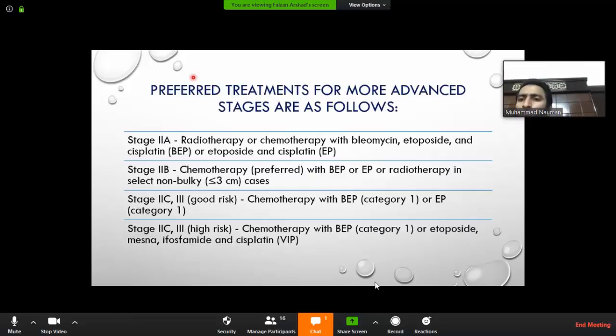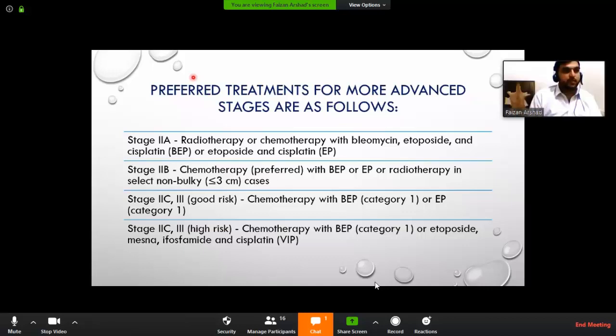Preferred treatment for more advanced stages are as follows. Stage 2A, radiotherapy or chemo with bleomycin, etoposide, and cisplatin, which is called the BEP therapy, or etoposide and cisplatin, which is called the EP therapy. The stage 2B, chemotherapy, which is preferred with BEP or EP, or radiotherapy in selection of non-bulky mass, which is less than 3 centimeter.